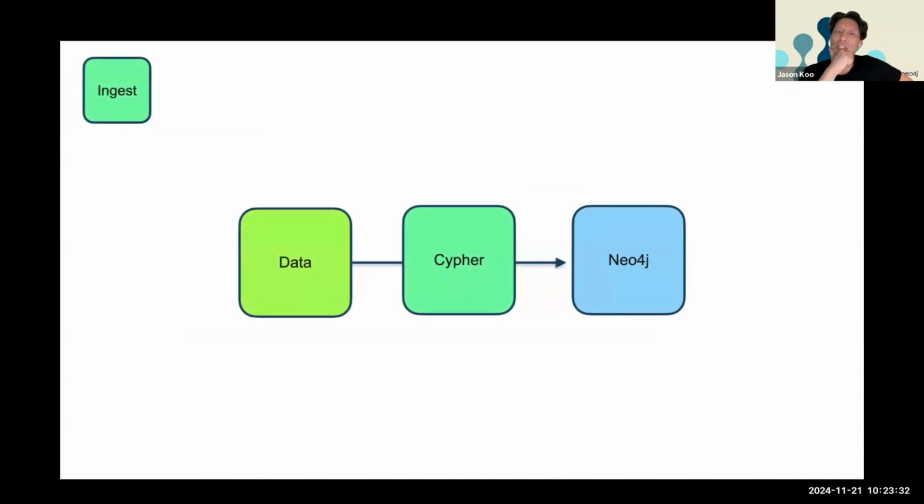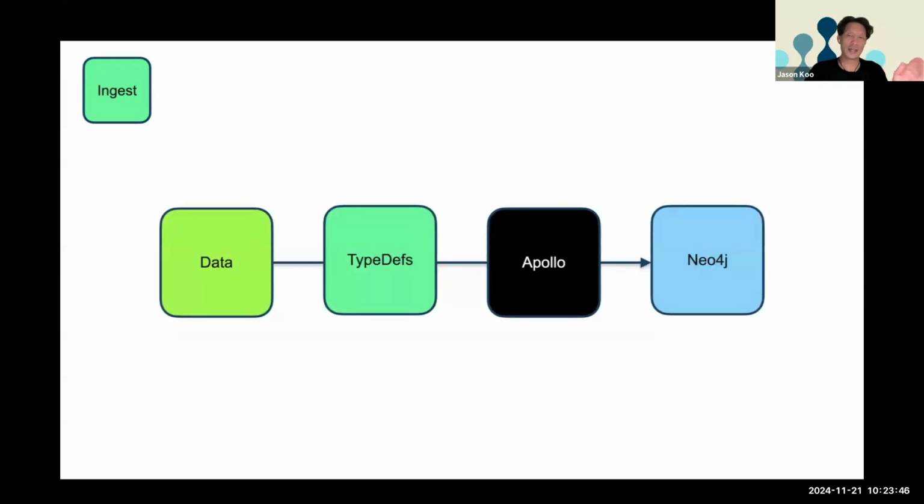Okay, so in the sample code that we'll be posting and for our initial project, what I did was I used Cypher to import that data into Neo4j. And now that we've done this and learned a few things, what would have been probably an easier thing to do was to just take the type definitions, which we do put in Apollo, but to use the mutations ability of a GraphQL endpoint and just have the original JSON payload converted into a GraphQL mutation query so that you wouldn't even have to use Cypher at all.